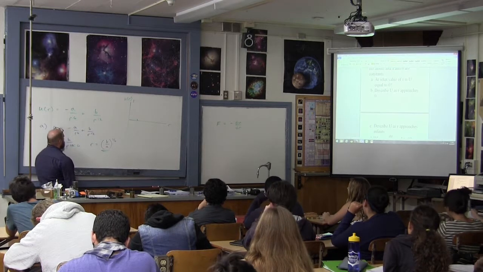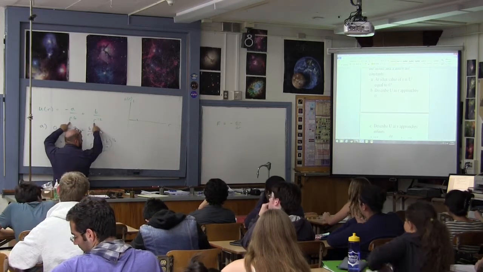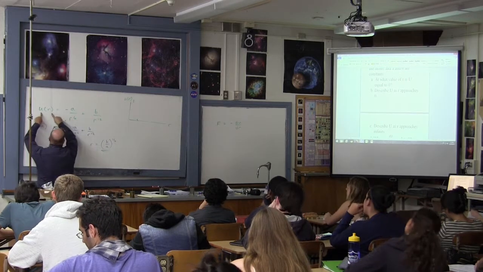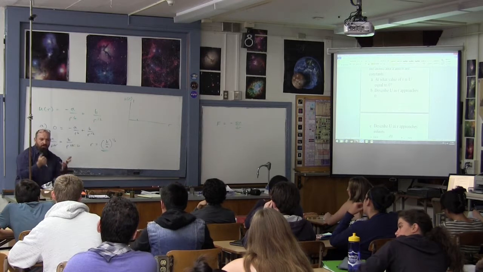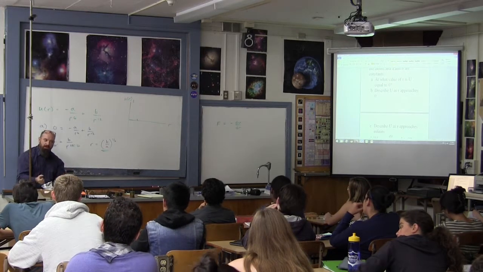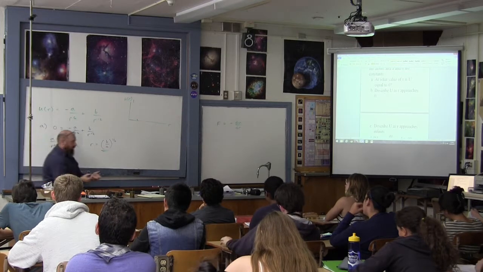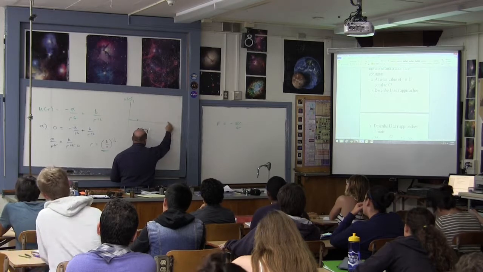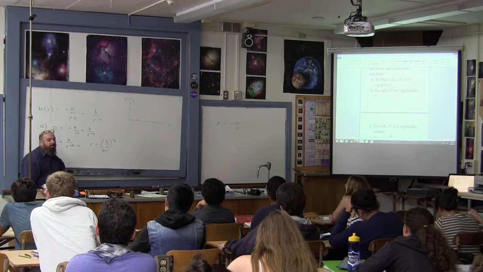Okay, now part C of the problem works much the same way. Now what we want to do is make R equal to infinity. If I make R equal to infinity, what then happens to the potential energy U? It becomes 0. Does the potential energy when R is equal to infinity approach 0 from the negative side or the positive side? It approaches it from the negative side.